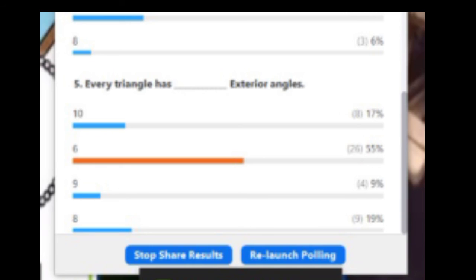Very good children. Now the last question was: every triangle has dash exterior angles. The answer is 6 and 55% of children have given the correct answer.